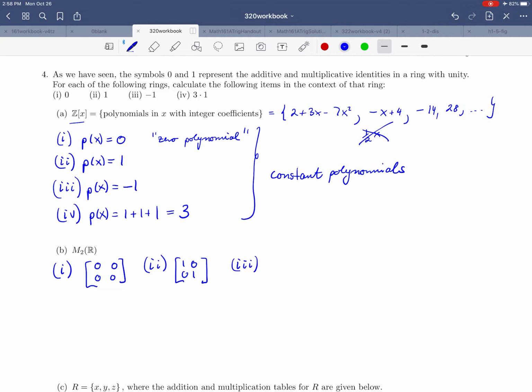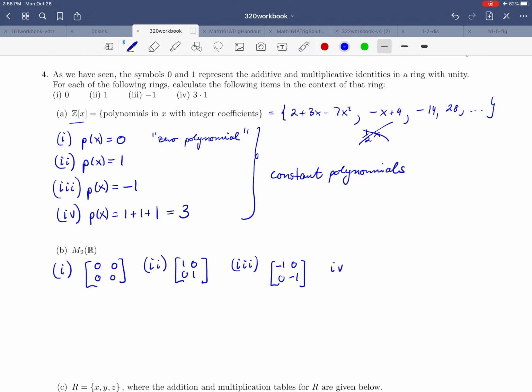Okay, then what is minus 1 in this ring? It has to be the additive inverse of unity, and that happens to be the matrix minus 1, 0, 0, minus 1. So that is the additive inverse of our unity that we found before.